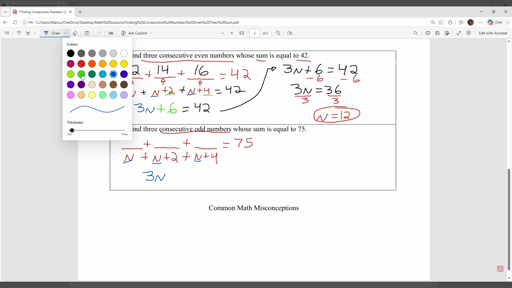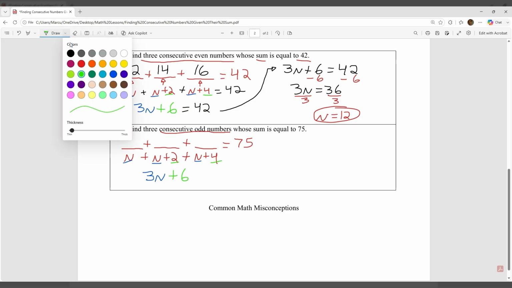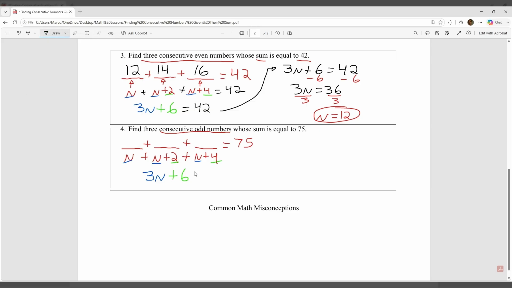And then you're going to add your constants here. 2 and 4 makes 6. And that's going to be equal to 75. I'm going to continue on the other side. So you have 3n plus 6 equal to 75.